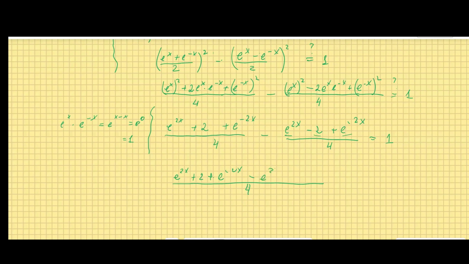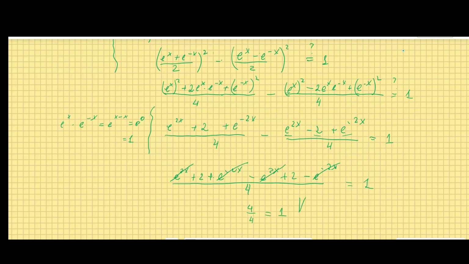So minus e^(2x), minus 2, and minus and plus is going to give me minus e^(-2x). Now, guys, if we look carefully, we see that e^(2x) and e^(2x) cancel, and the same happens with the e^(-2x) terms, and we just have 2 plus 2, which is equal to 4, right? So we have 4 over 4, which is equal to 1.